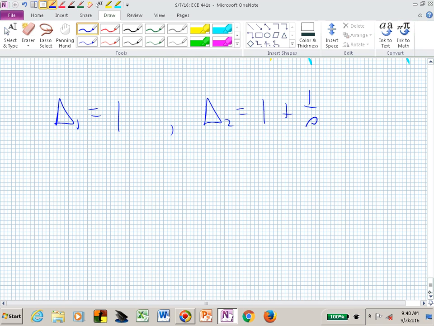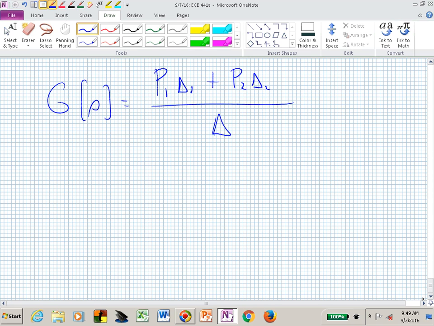Now you're done. Now the transfer function, G of s, is path 1 times its cofactor plus path 2 times its cofactor. And you just keep going until you have eliminated all of your paths, and you divide by the determinant. That's your transfer function.